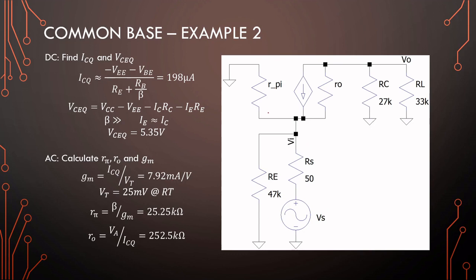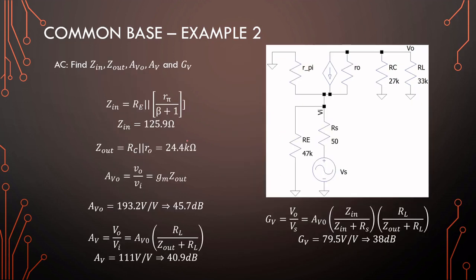And when looking at our equations, nothing has changed, but we had a much lower collector current, so our input impedance increased.